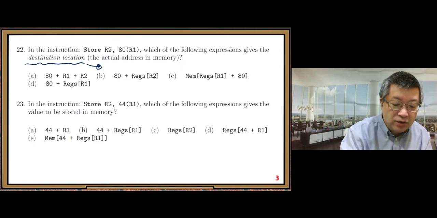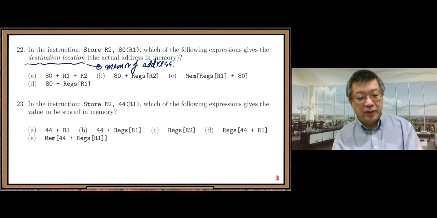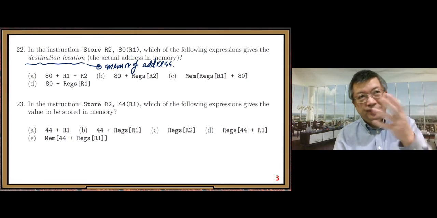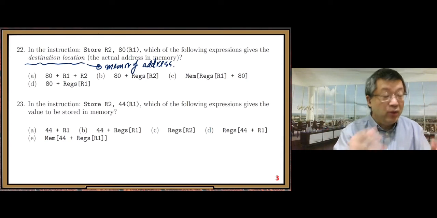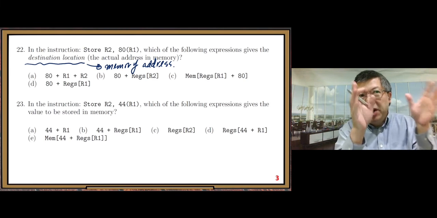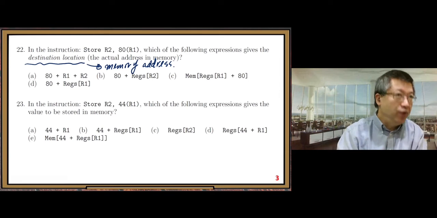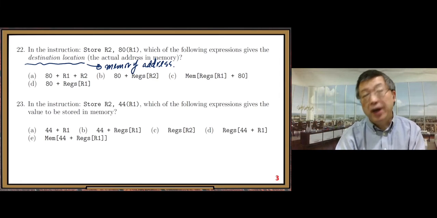Location corresponds to memory address. Here, remember we use the displacement mode. So you use the displacement mode way to represent memory address. Pretty straightforward, so you can get it easily.